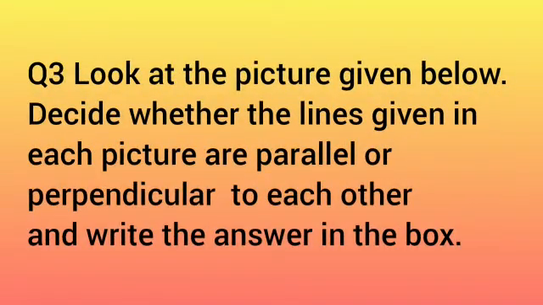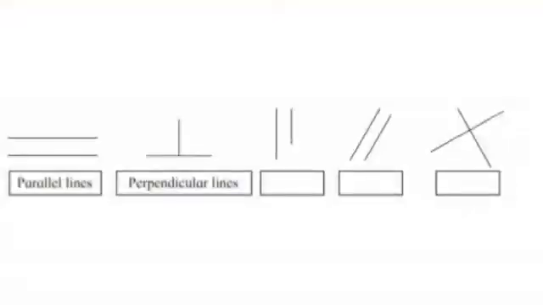Question number 3. Look at the pictures given below. Decide whether the lines given in each picture are parallel or perpendicular to each other and write the answer in the box. In this question, we have to find whether the given lines are parallel or perpendicular to each other.